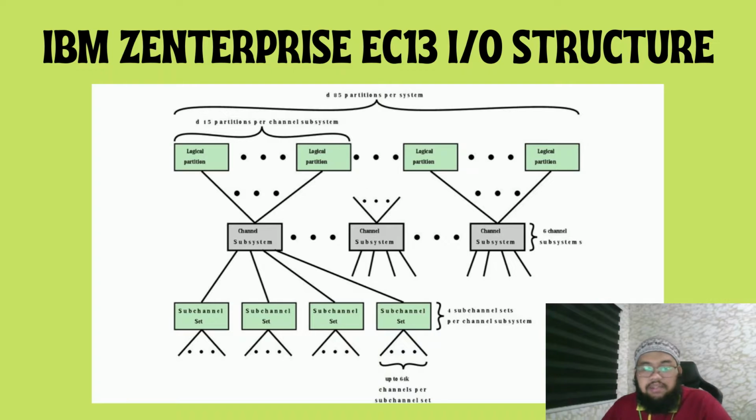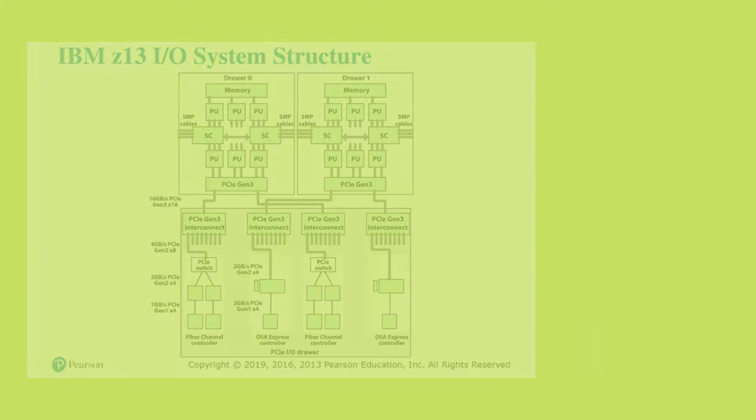Under the channel subsystem, there are logical partitions, with 15 partitions per channel subsystem and 85 partitions for the whole system.